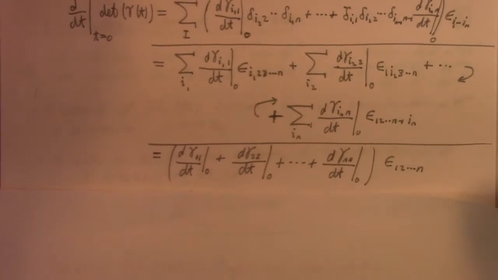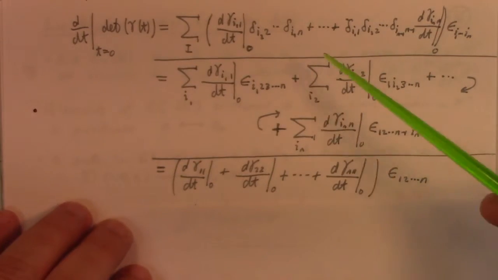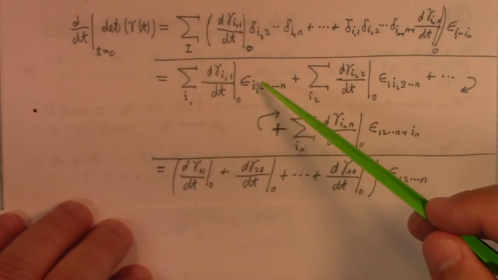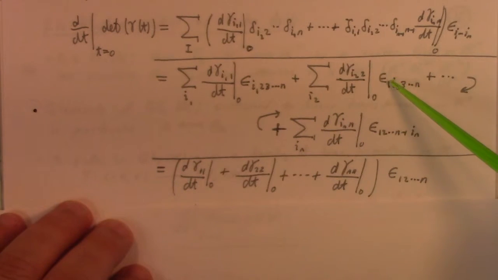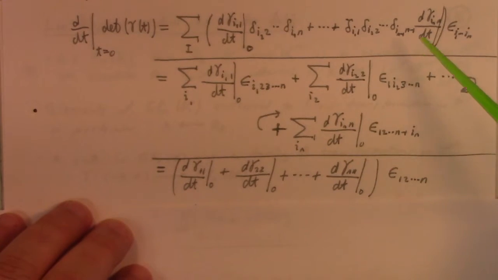So you end up with this here: epsilon i1, 2, 3, ..., n, epsilon 1, i2, 3, ..., n, and so forth. There's only one free variable in each one of these Levi-Civita symbols left over.